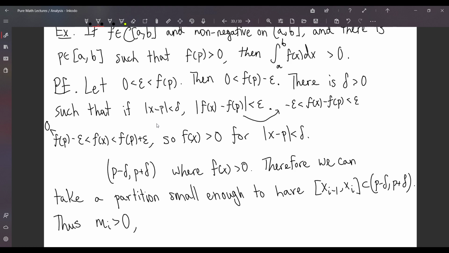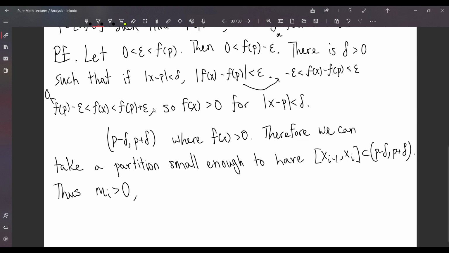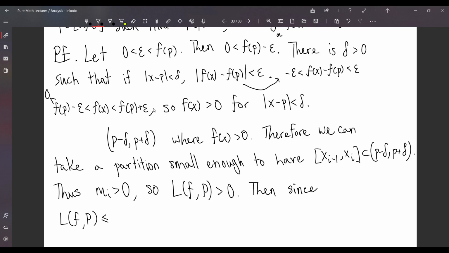So the minimum is in fact positive, and so the lower sum is positive. And then since L of f, p is less than or equal to the Riemann integral of f, we are done.